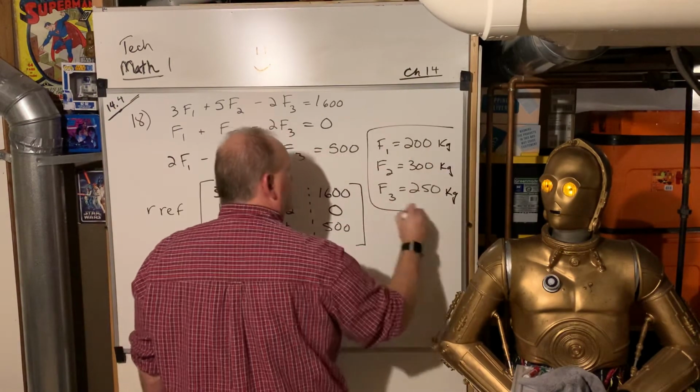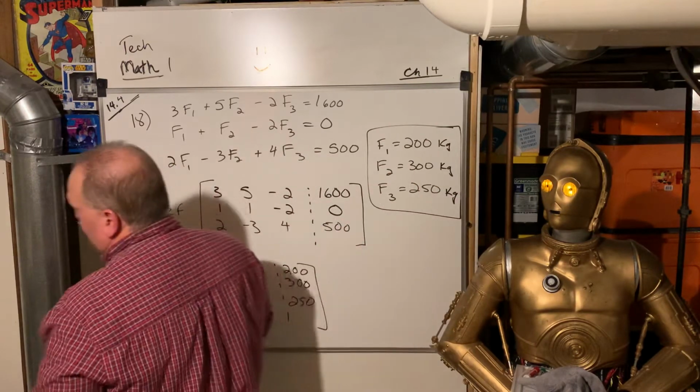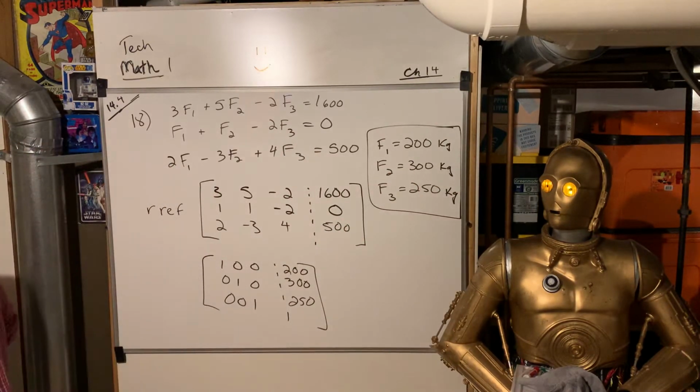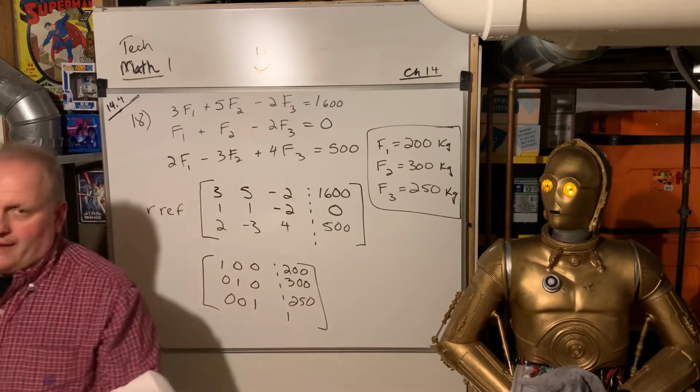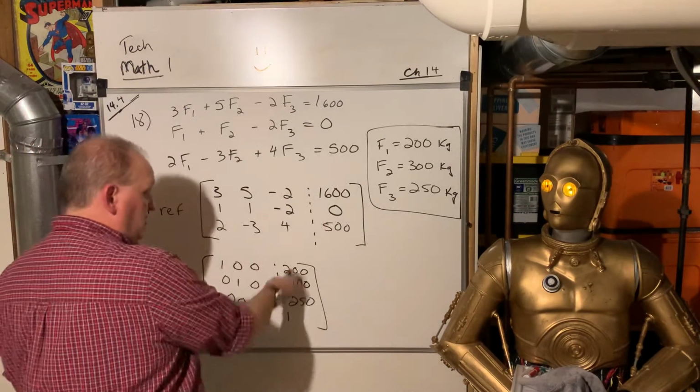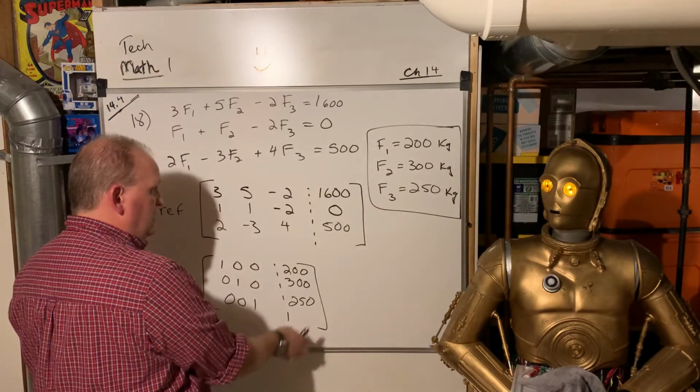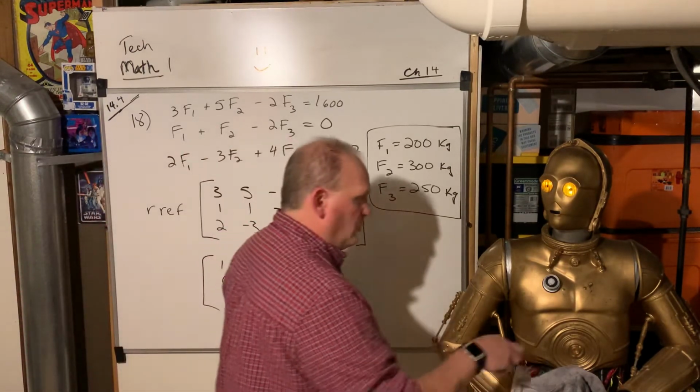Okay, so I will talk about 14.5, 14.6, and 14.7, but we are not going to do these problems because it's just a long drawn out way of doing what your calculator does with reduced row echelon form. This augmented matrix is the way to go.